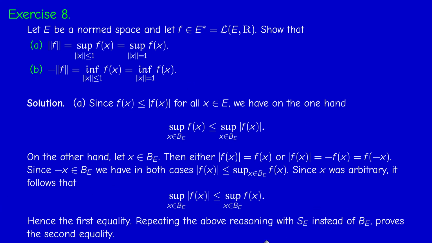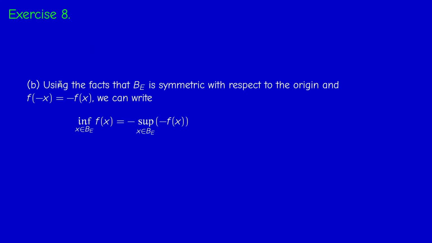And if you do the same thing with the unit sphere instead of the unit ball, we get the same relation. So we can drop the absolute value. Now, if we take the inf, we get minus the norm. Why is this true? Again, we use the symmetry of the closed unit ball or the unit sphere.